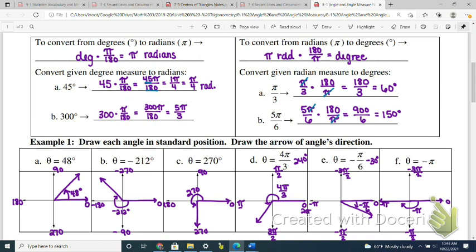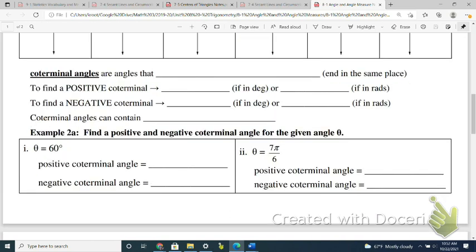Let's talk about coterminal angles. Coterminal angles are angles that share a terminal side. That means they end in the same place.